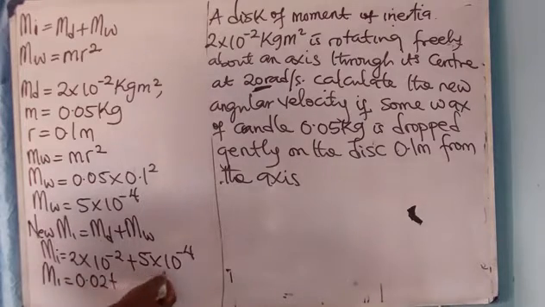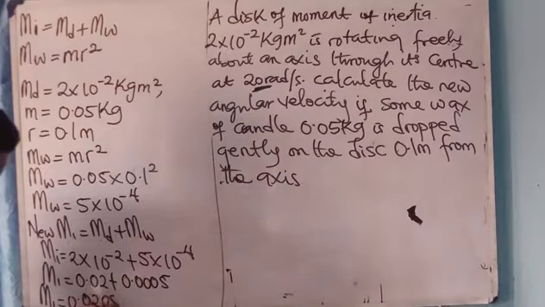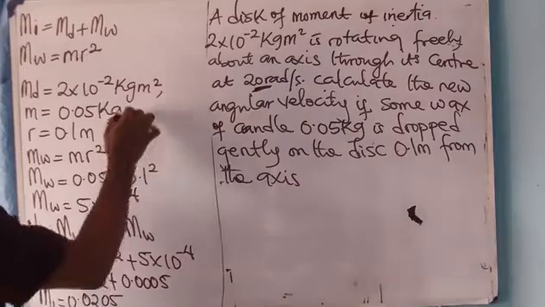Plus 0.0005. Right, so let's add everything: 0.02 plus 0.0005, you have Mi to be 0.0205.